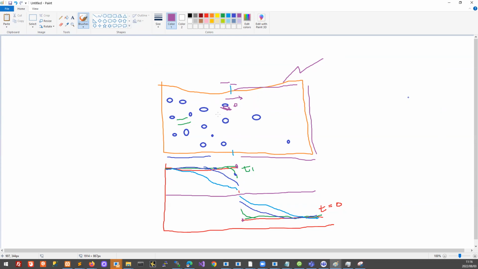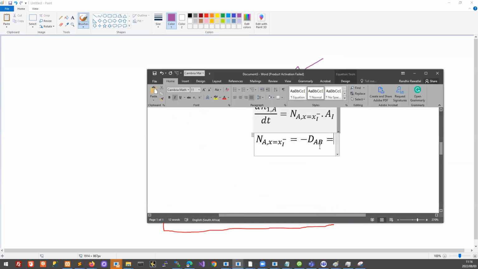We mean the pressures are the same, and then just due to the Brownian motion, A is diffusing there. So that's D_AB, dC_A/dX, and this is all at the position X_i minus.